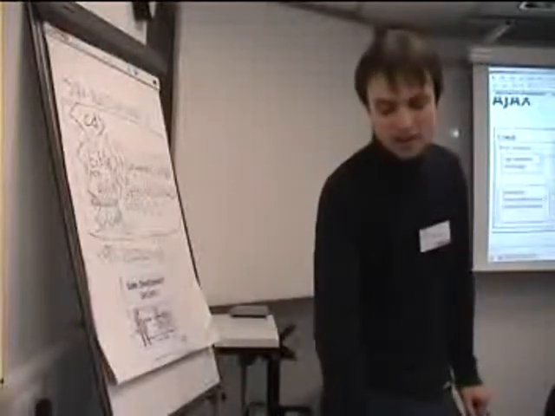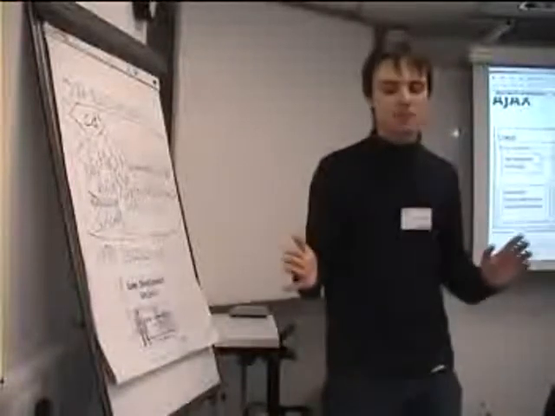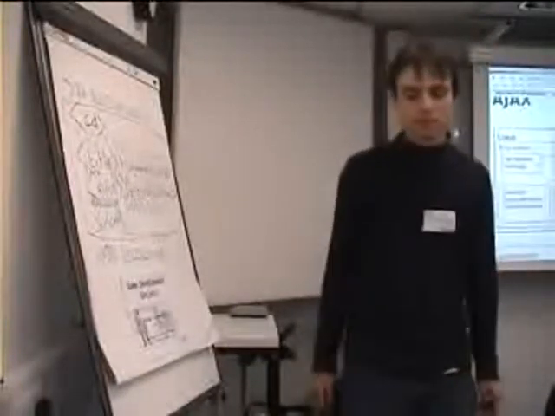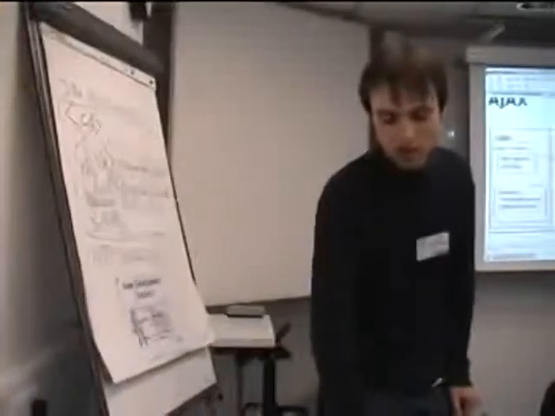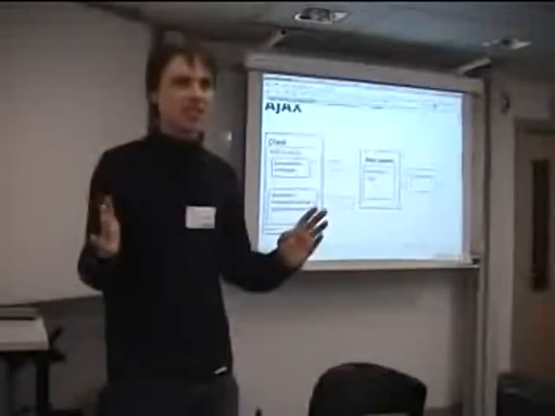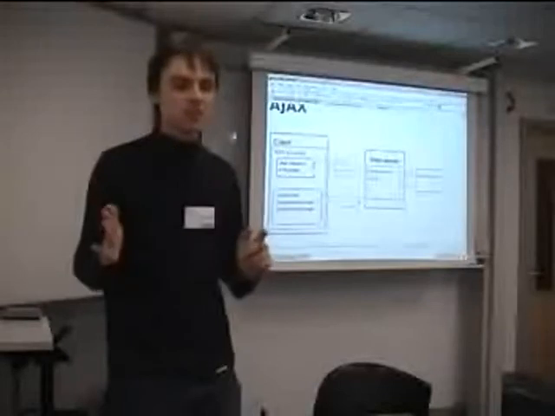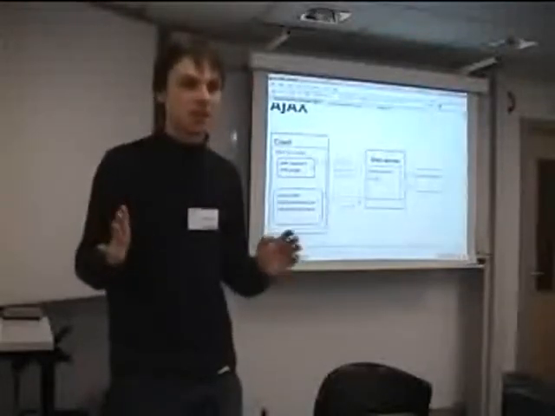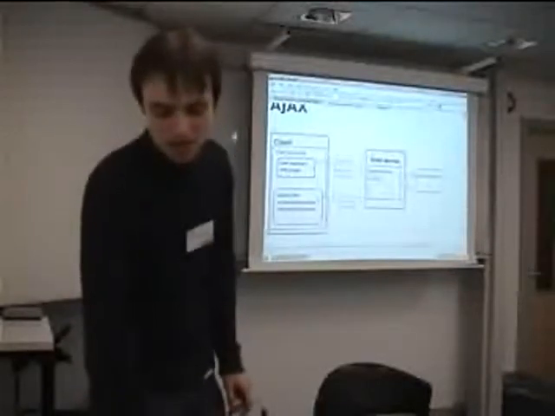So for one thing, the response from the server will be much smaller than if we were sending back a whole web page. So the server generates data, XML, or even just plain text. Just because the X in AJAX stands for XML, it doesn't mean that the data has to be XML. It typically is, but the data sent back can be just plain text.